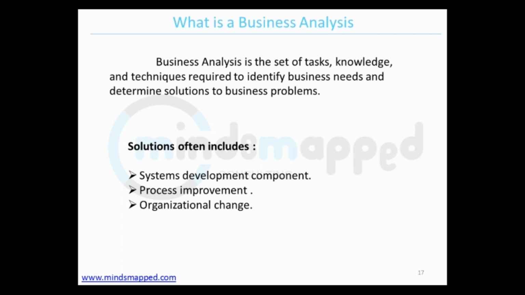An organizational change example is doing away with the annual review process and moving to a monthly review process. Process improvement is like the example I gave you: a manual process, then system driven, then automated process. And then comes the systems development component, like how you would create this process through a particular software or system and deliver it to the customer. That is part of the system development component.